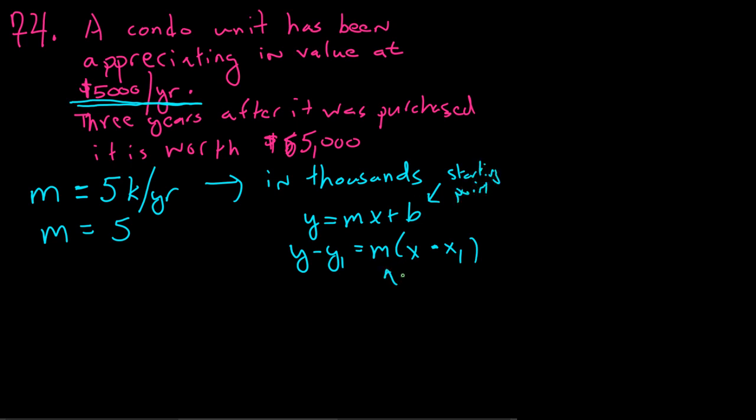For this one, I need the slope and a point. I have the slope and I have a point. Well, let's look at my variables here. Notice my money is up here. So y is going to be how much money it's worth, and x is how much time in years has gone by.